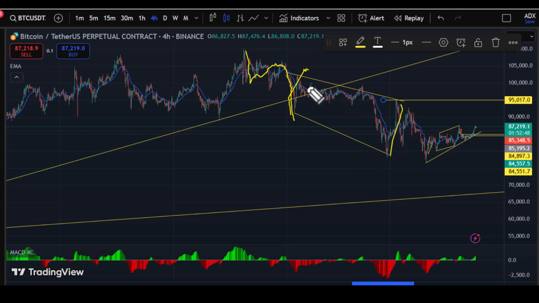This is actually another wave, which is a complex one, but we have seen this to be like a B wave. Then we are having this 3-wave move, which is the C wave. So this is what we're expecting on what has happened on Bitcoin.